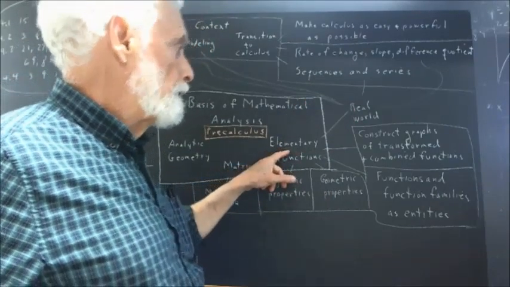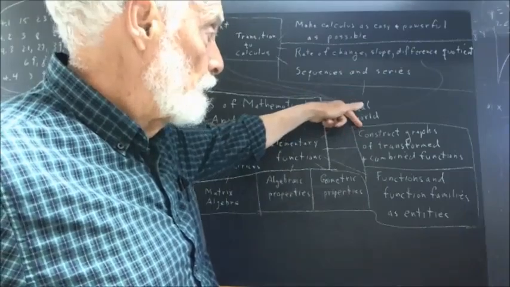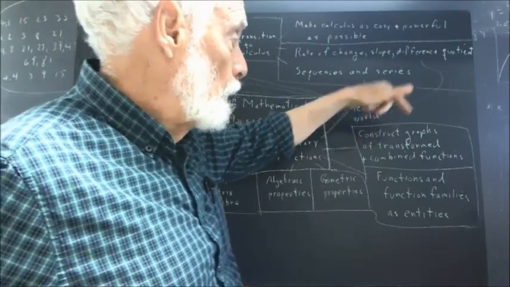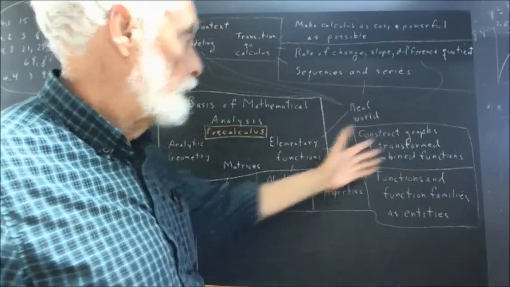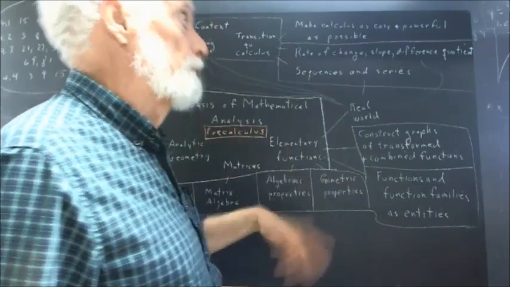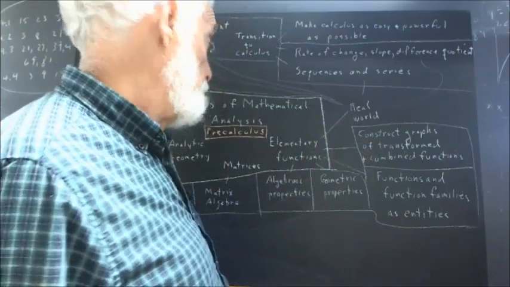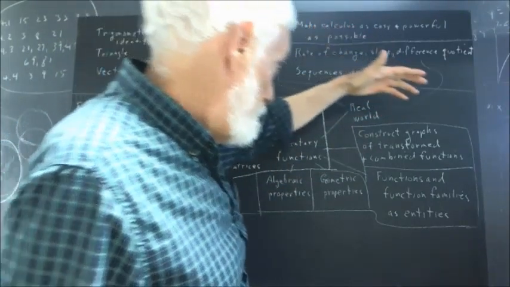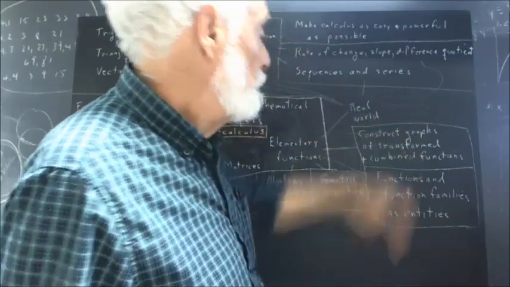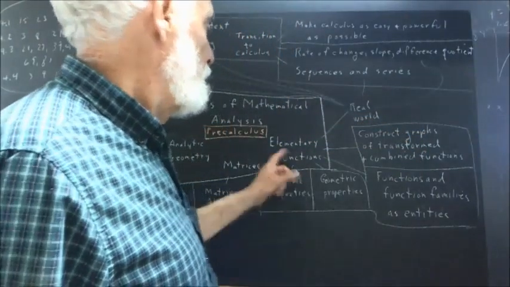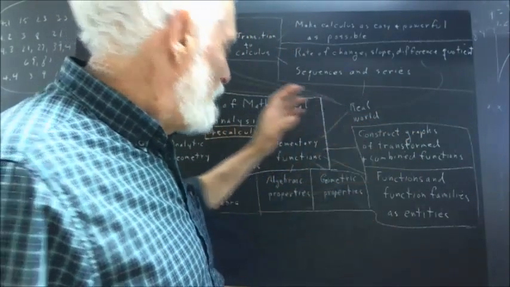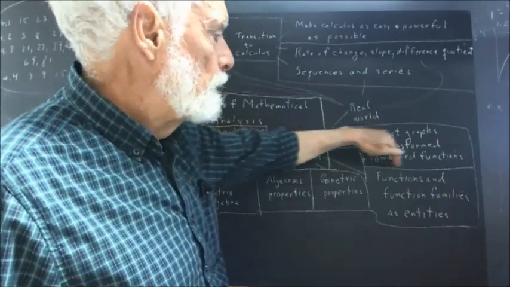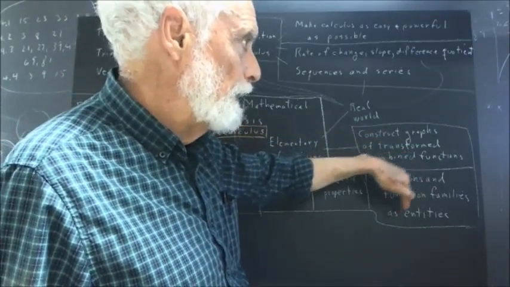With elementary functions, we need to learn to construct graphs of transformed and combined functions. We're going to combine the elementary functions by arithmetic operations and composition. And having done that, we can begin to understand the elementary functions as the basis for functions and function families as entities.